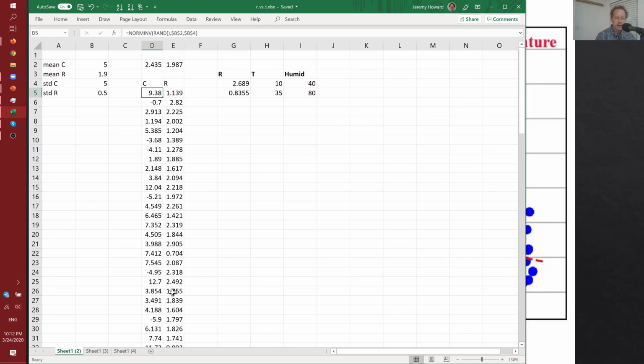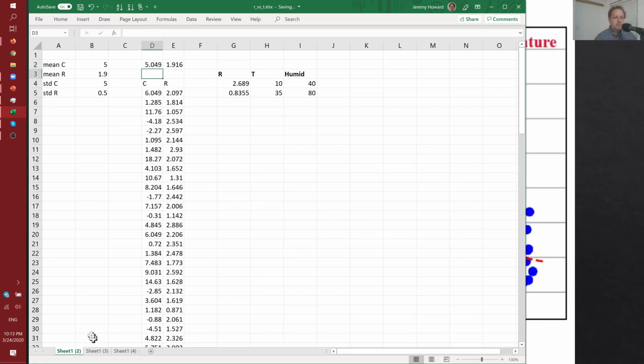Each time I recalculate, if I hit Control equals, it recalculates and I get different numbers, because they're random. At the top I've got the average of all of the temperatures and the average of all of the R's, and both vary.